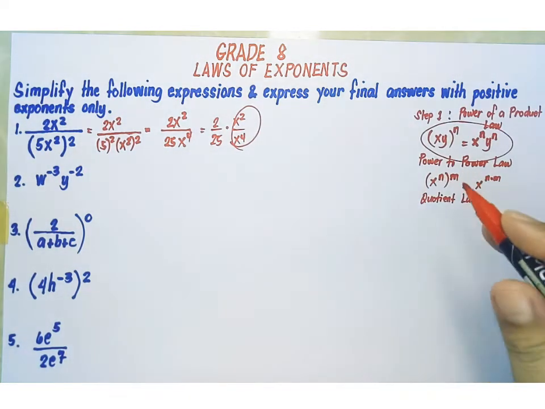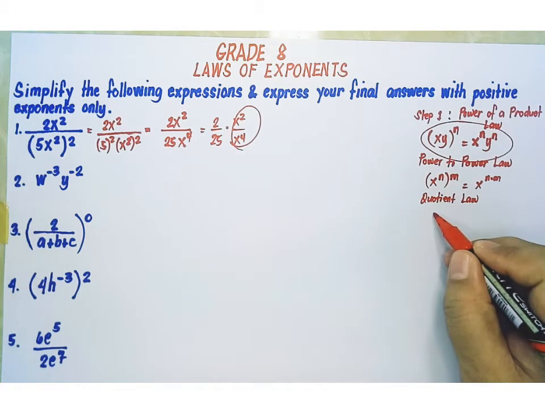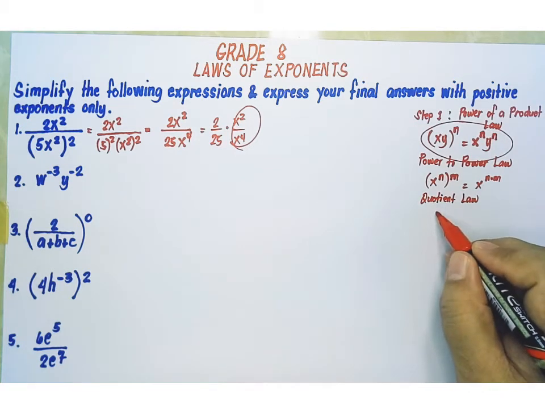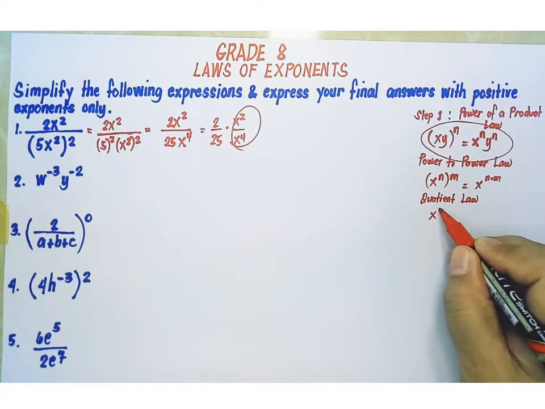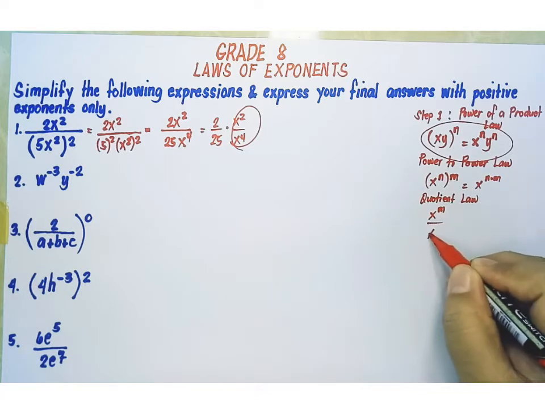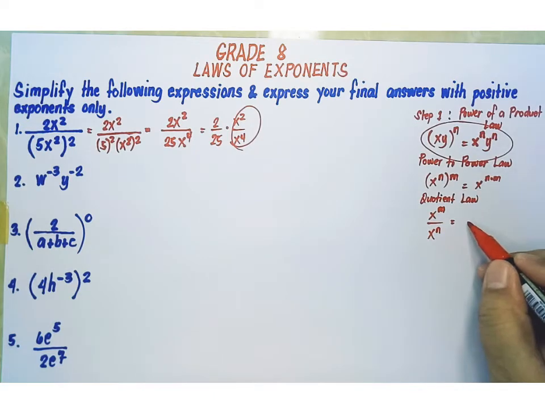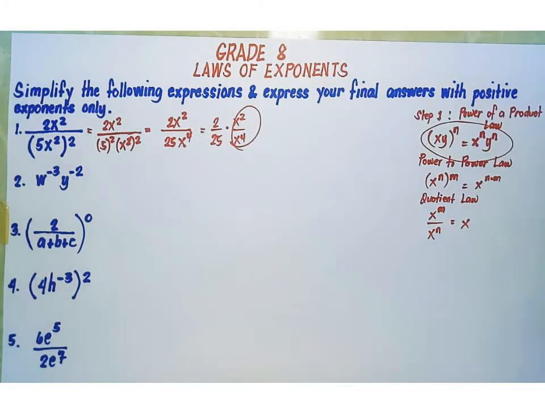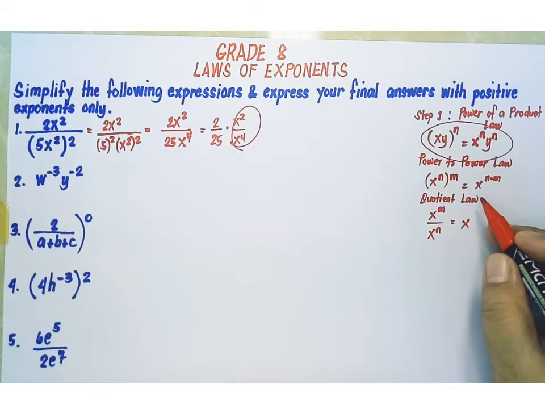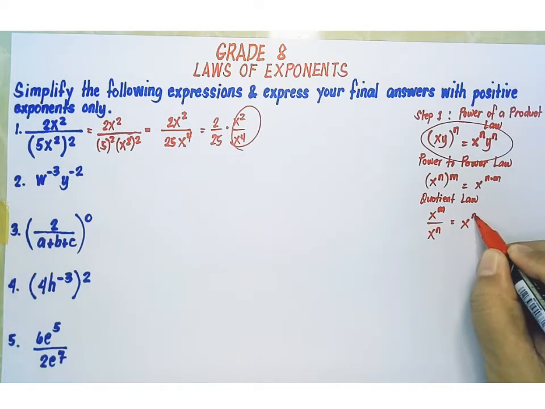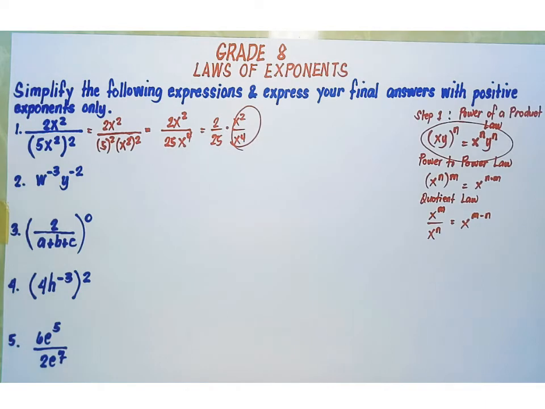So, ano naman ang sinasabi ng quotient law? When you are dividing exponential terms with the same base, keep the common base or copy the common base and subtract the exponents. And when you subtract the exponents, it's the numerator exponent minus the denominator exponent.